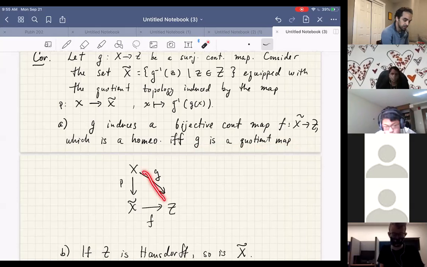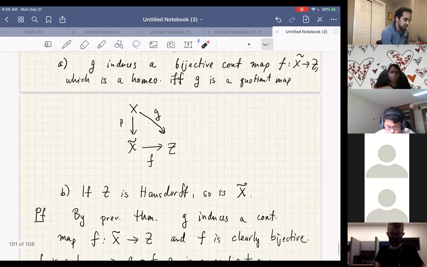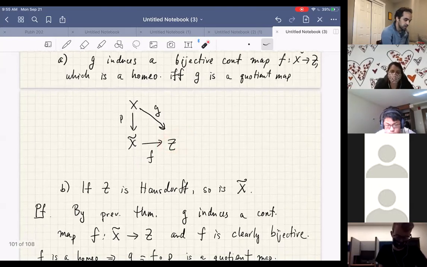So if G happens to be a quotient map, this bijective continuous map is a homeomorphism, and this will use the fact that we stated at the beginning of the class. And moreover, we have that if Z is Hausdorff, then X tilde is Hausdorff as well.